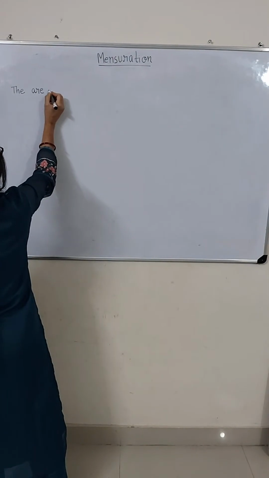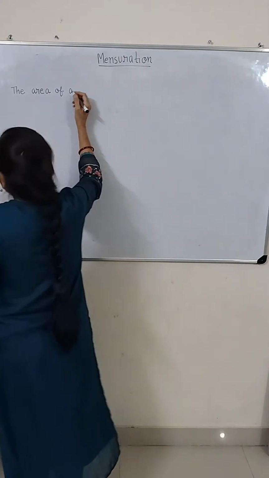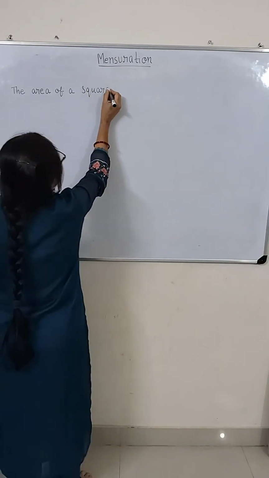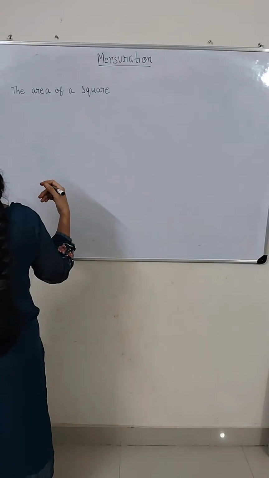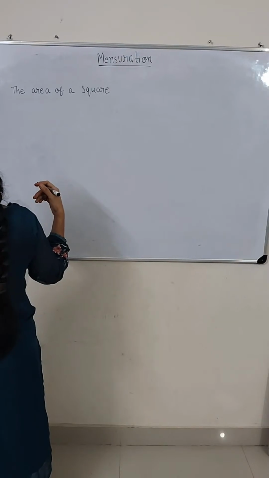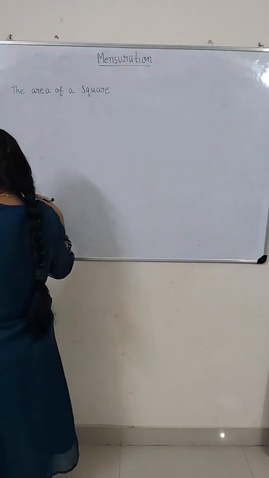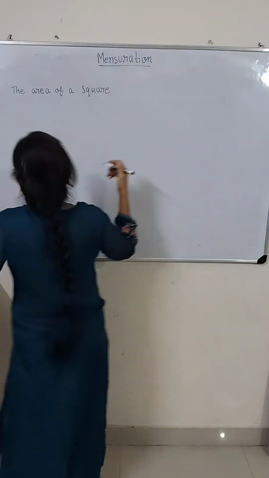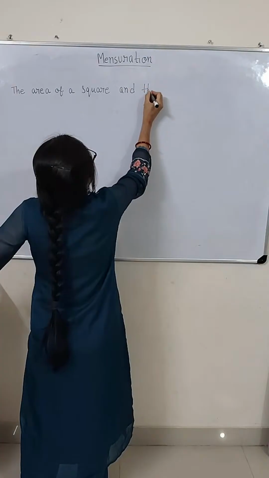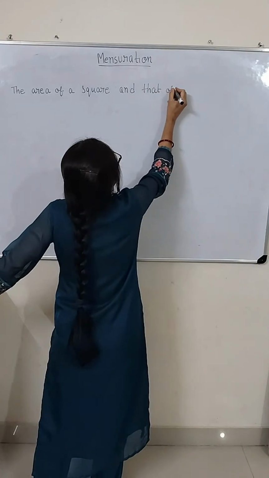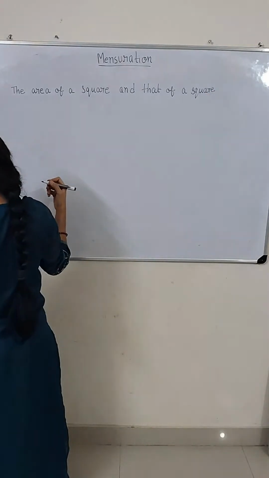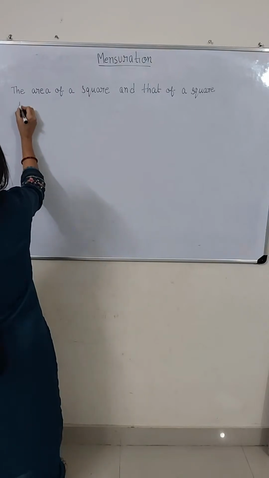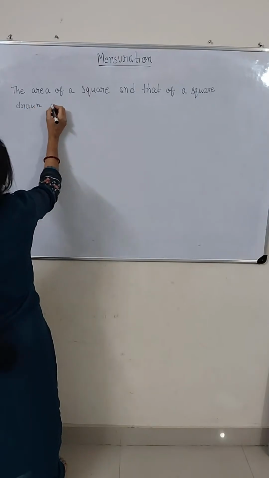The area of a square and that of a square drawn on its diagonal.